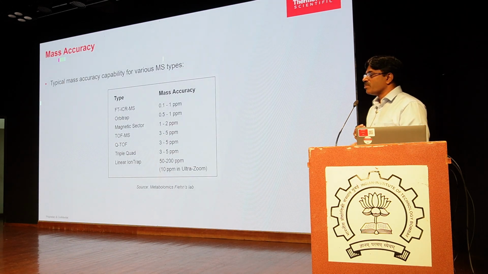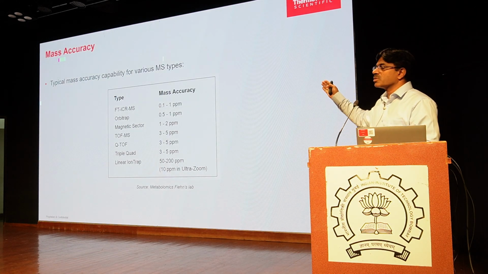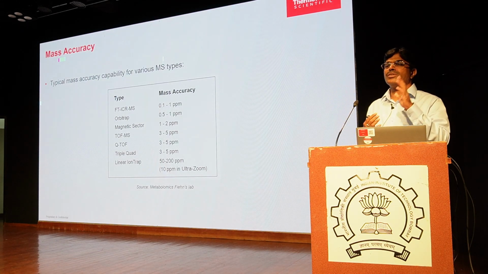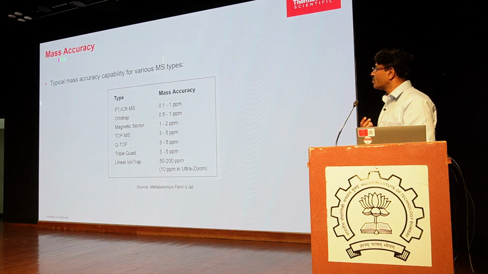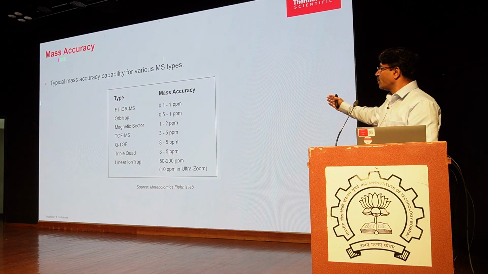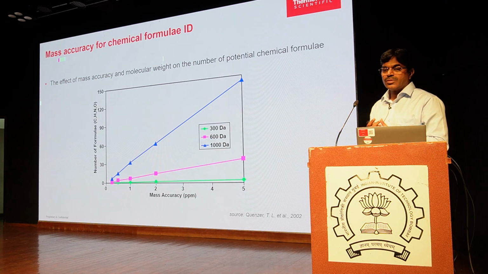You can see here the mass accuracy of some of the instruments. The Orbitrap has a very good mass accuracy, between 0.5 and 1 ppm. The lower the value, the better the mass accuracy. But if you look at triple quad or ion trap, it's very poor. So what is the advantage?